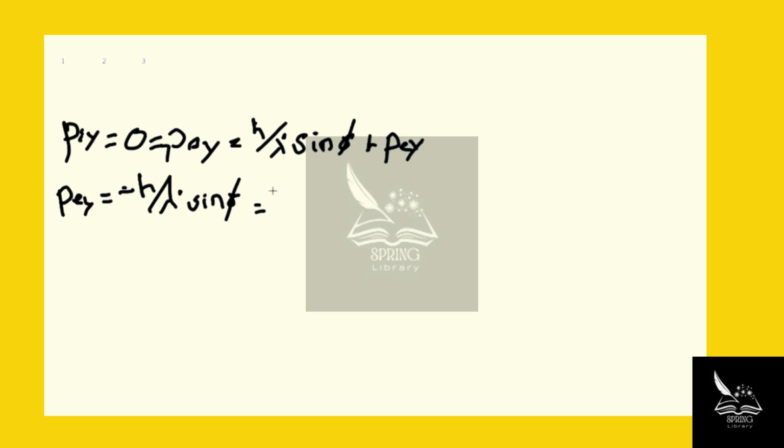Yes, square root of 3 over 2 times h over lambda prime, which again is at 1.062 times 10 to the negative 10.